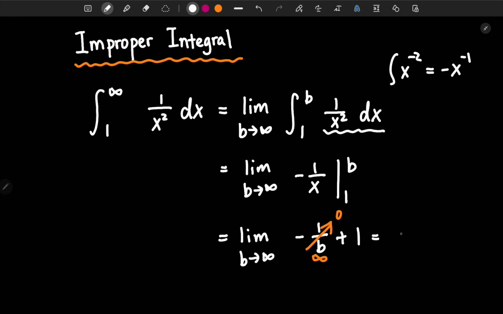So the limit becomes 1. And 1 is a finite number. So that's why we know the integral converges to 1. So that is an example of an improper integral that converges.